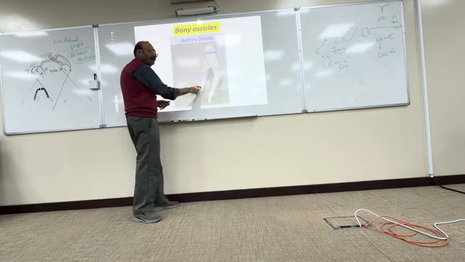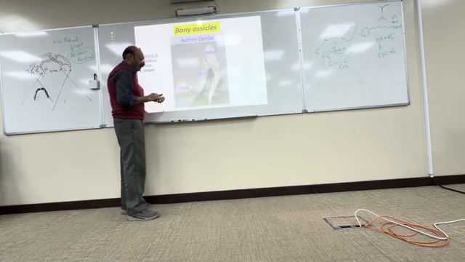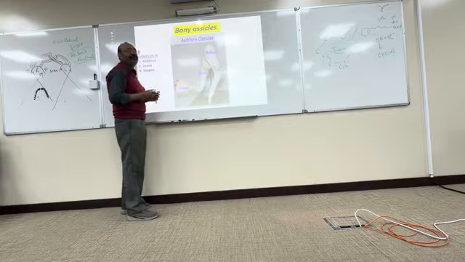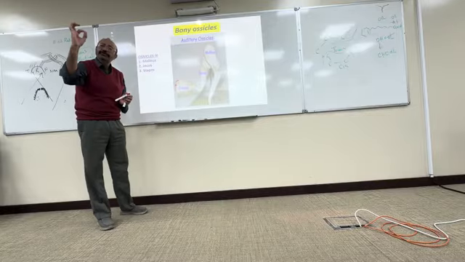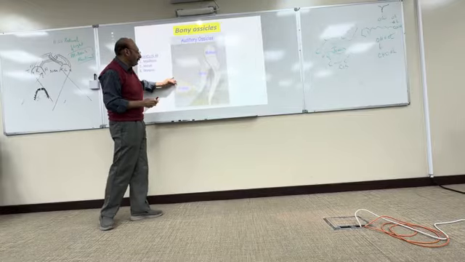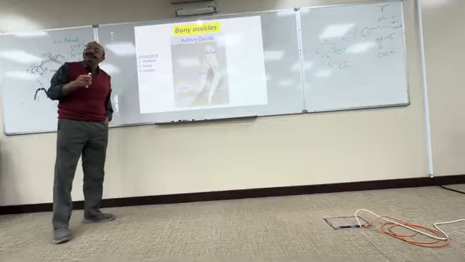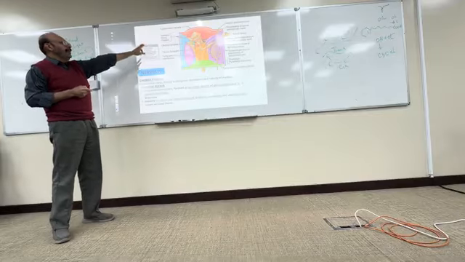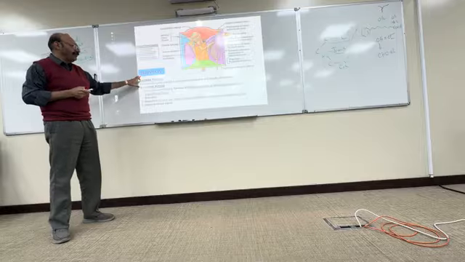Then we have incus, then we have stapes. This structure is known as the footplate of stapes, and it will attach to the oval window. So the first content is two muscles. Second, three bones. Then we have some nerves.